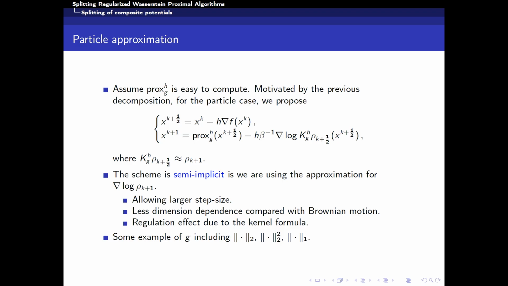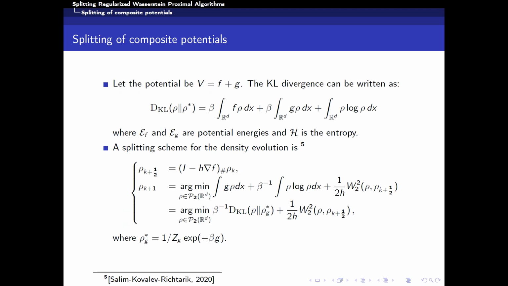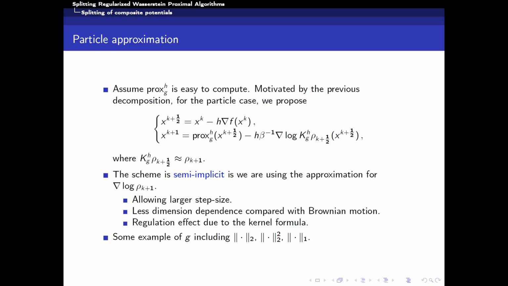Here you see that I use the word propose, because the particle formulation, compared with the density level formulation, still has some kind of gap. For more details, we can talk about offline, or you can look at our papers. But we can use this particle iterating scheme to approximate the previous density level iteration.